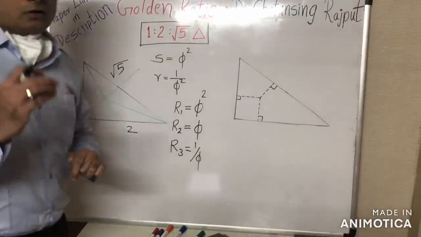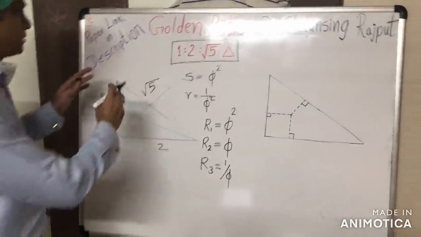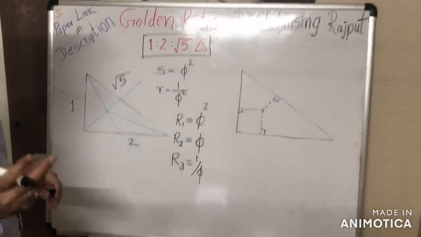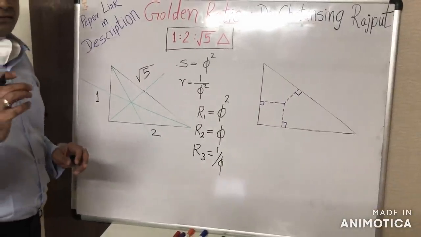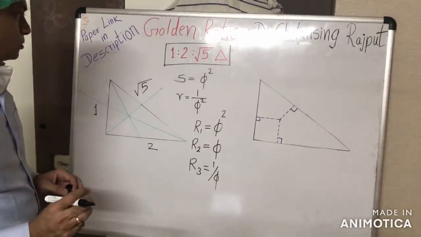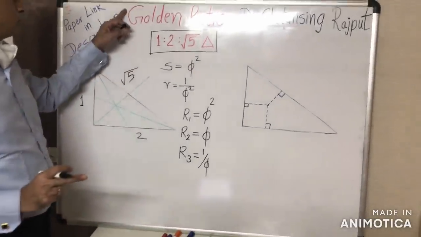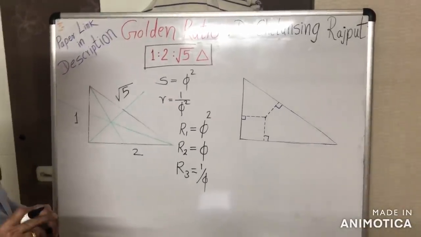Even the trilinear coordinates or barycentric coordinates of different triangle centers of this triangle, like the Gergonne point or Nagel point, Mittenpunkt, every triangle center, its trilinear coordinates, its barycentric coordinates can be precisely expressed in terms of the golden ratio. I also want to mention an interesting thing.